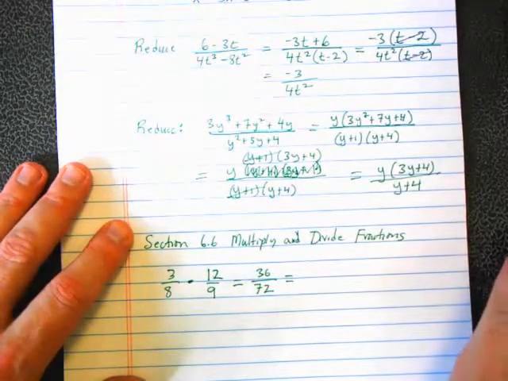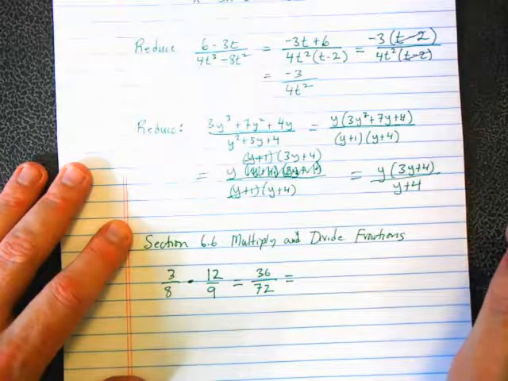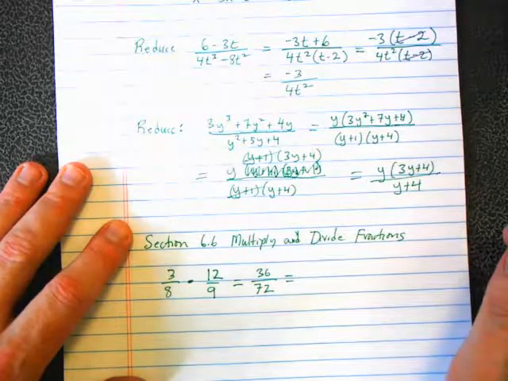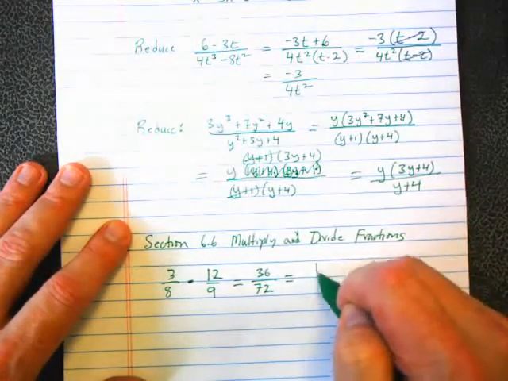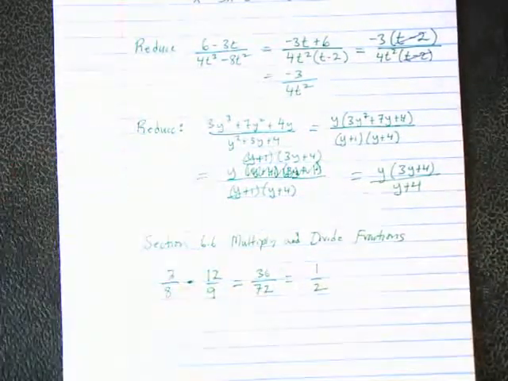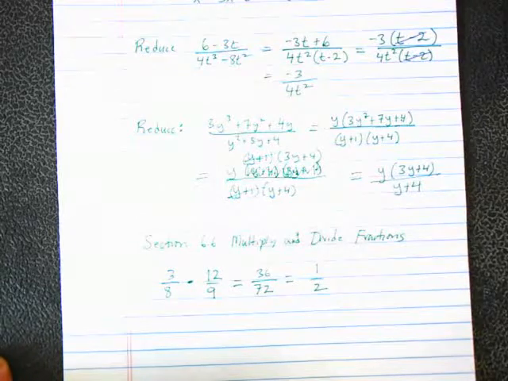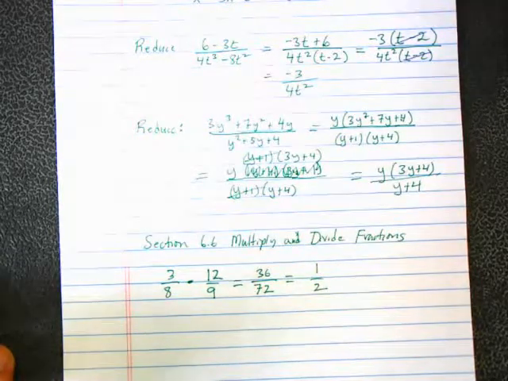No. It happens to reduce by 36, because 72 divided by 36 happens to be a really nice number, happens to be 2. So it happens to reduce to 1/2. That's one way to do it. Multiply tops, multiply bottoms, and then reduce at the end.